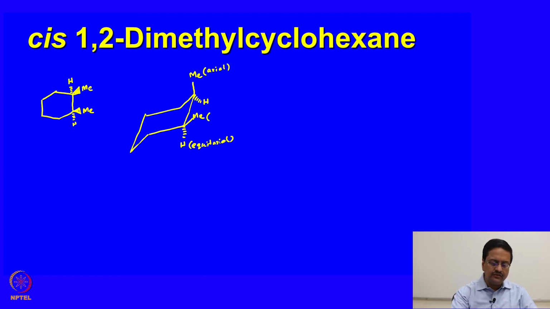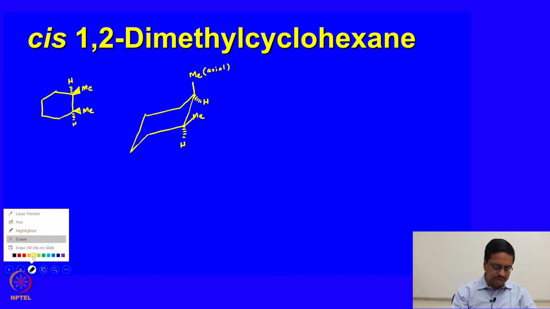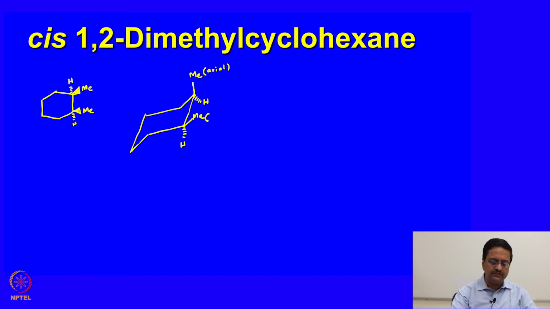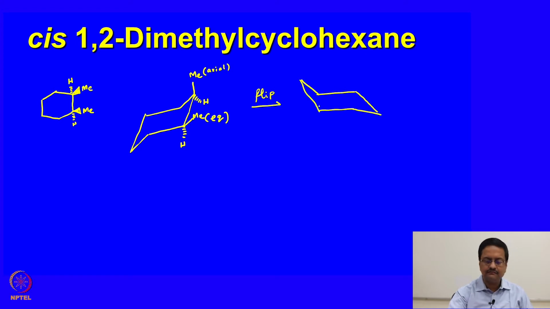This methyl is in the equatorial position. So, if we try to flip this molecule, what should happen? On flipping, this molecule should flip like that.